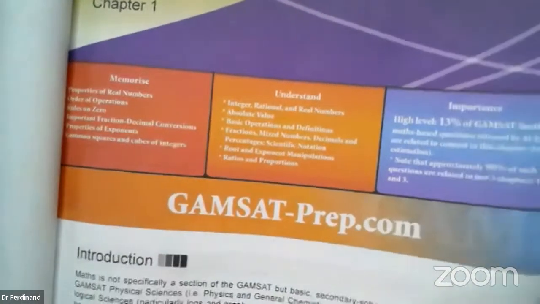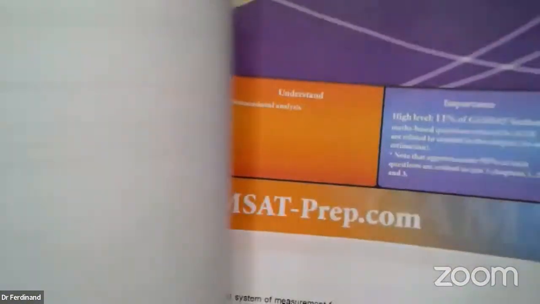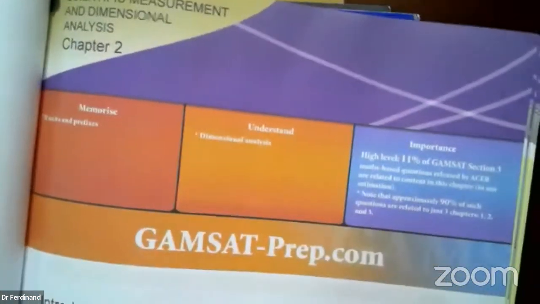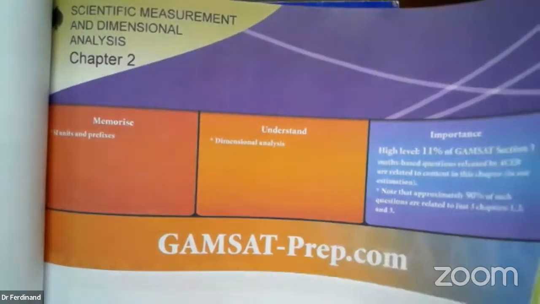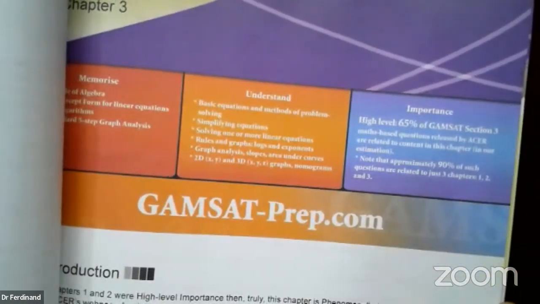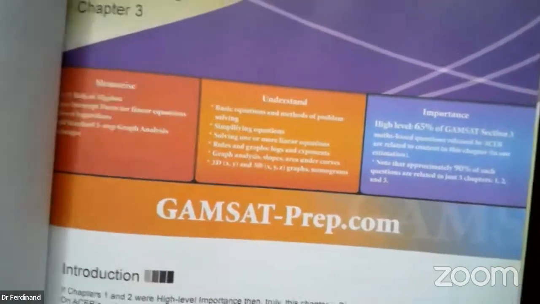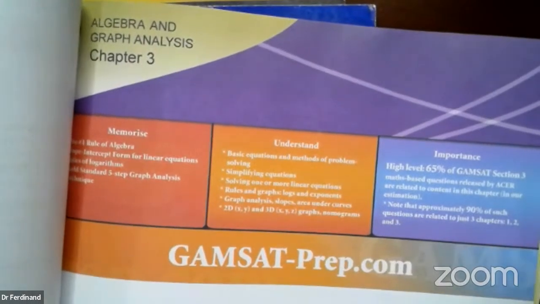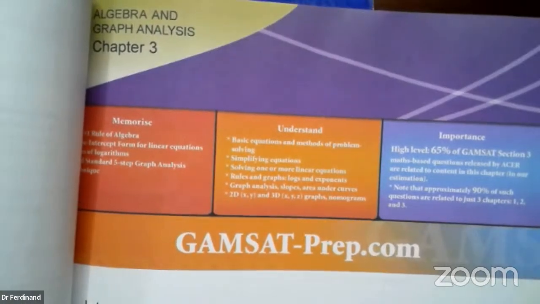But the most important chapters are chapter 2 and chapter 3, chapter 2 being at 11%, and then chapter 3 being at an unbelievable 65% of questions from Section 3, and it's because it's algebra and graph analysis. That shows you how important algebra and graph analysis is to this exam.